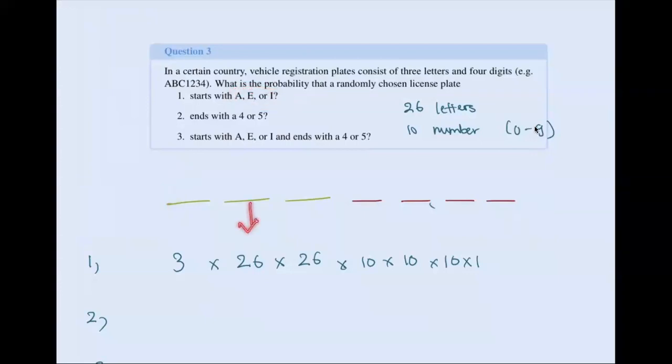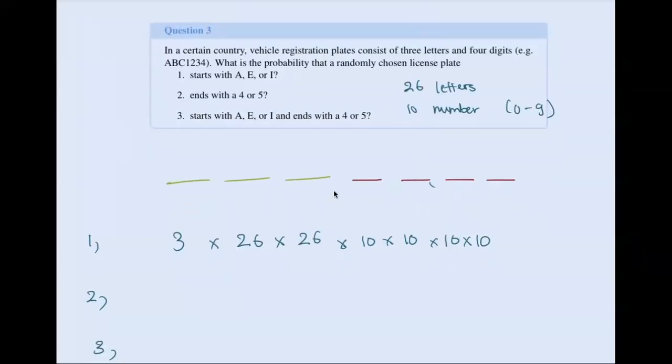It can be any letter, and there are 26 letters in total, so I put times 26. And how many choices are there for the third one? Since it can be any letter, it is 26 choices again. And each of the digits can be any number from 0 to 9, so there are 10 choices for each of them. So I think that's how the students got to their answer. How about 2?